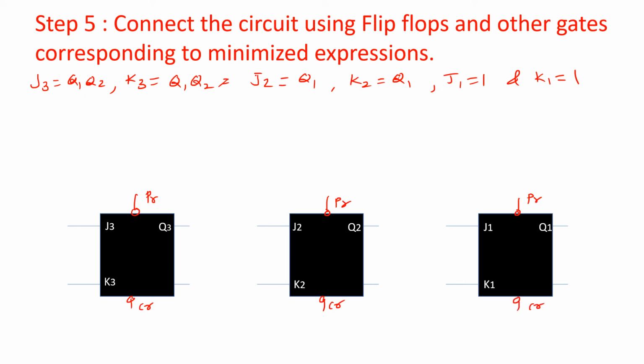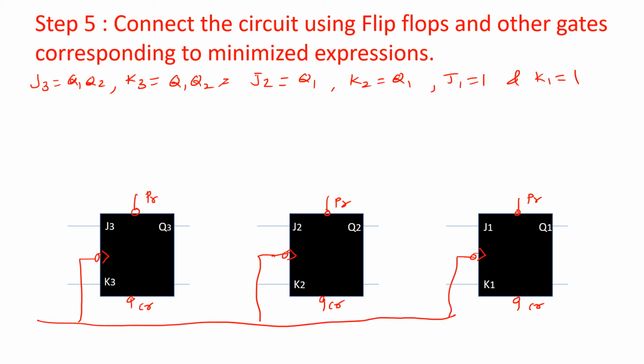Each has got the clock input. So this is a negative edge triggered flip-flop. This is again a negative edge triggered flip-flop. So these lines of the clock pulse are taken together and we are connecting them to the clock main terminal.